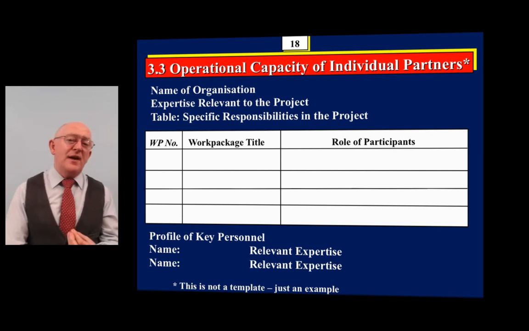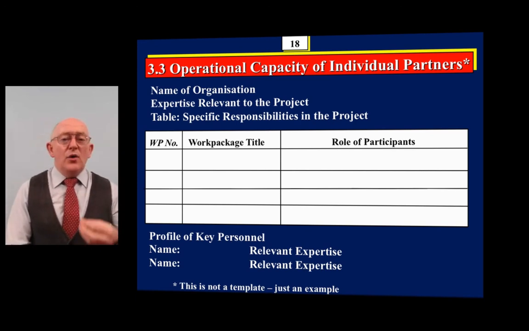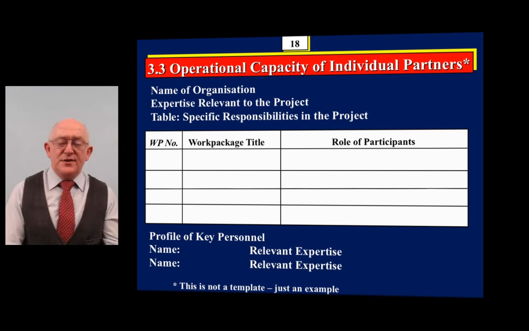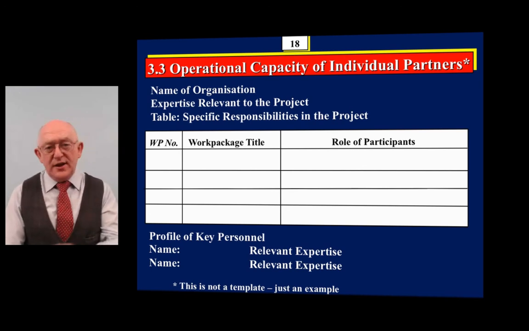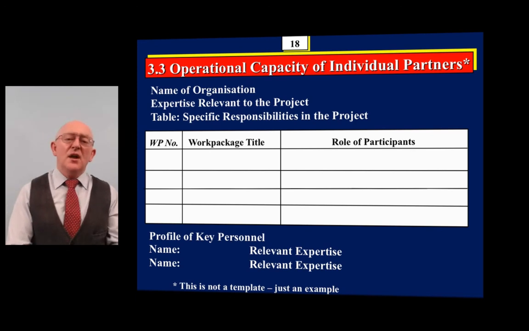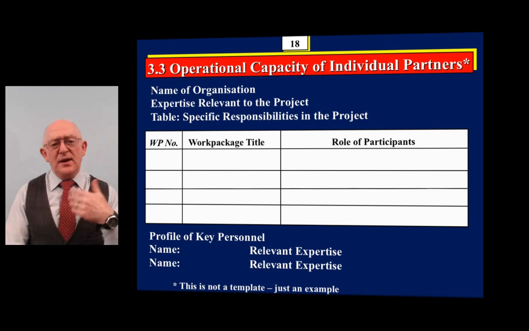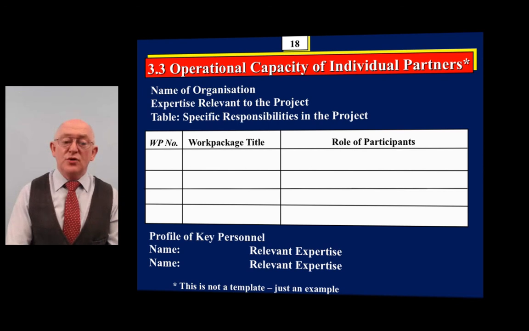The kind of comments the evaluator has is, it wasn't clear that partner 6 had the capability to undertake this research, or we couldn't see the relevance of partner 4 to the project. So again, what you're doing here is making life easy for the evaluator, and it's also making the consortium aware of what kind of issues have to be taken into account if this project is actually completed.